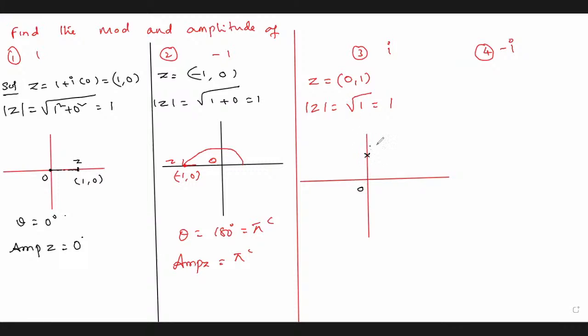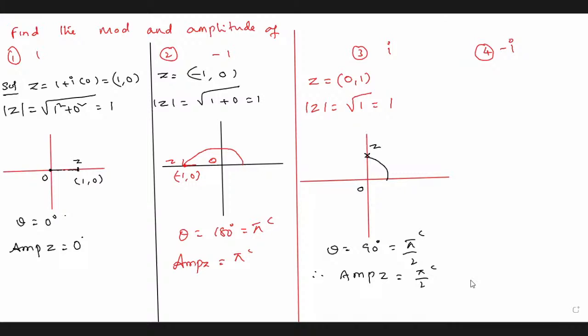This is z. Then you can easily say the angle from here to here will be 90 degrees. Theta is equal to 90 degrees, which is equal to pi by 2 radians. Therefore, amplitude of z is equal to pi by 2.